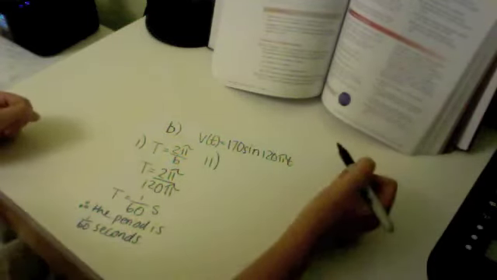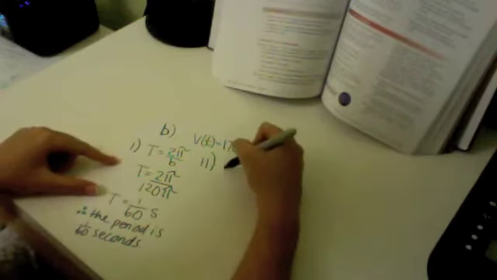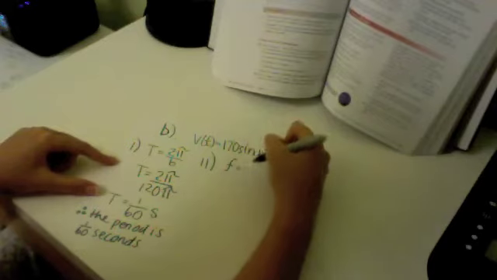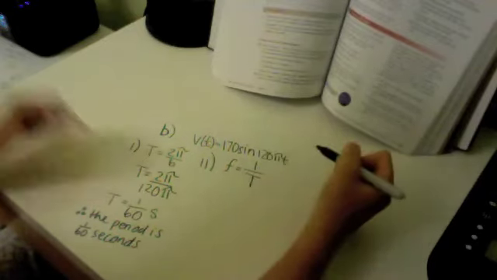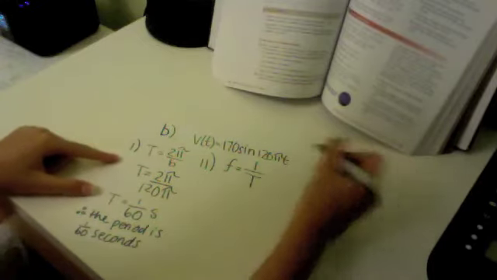The frequency f in hertz. So the frequency formula equals 1 over T, the period that we just found in i.